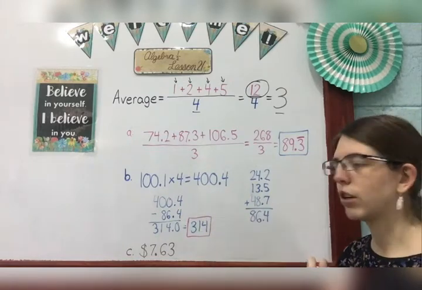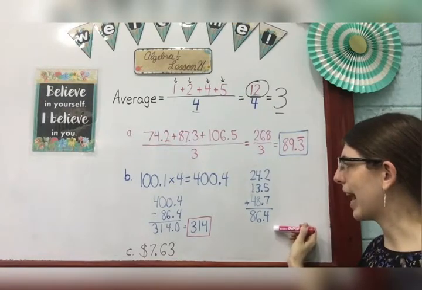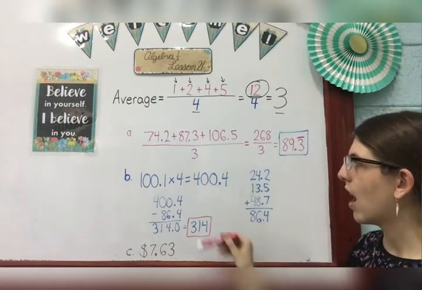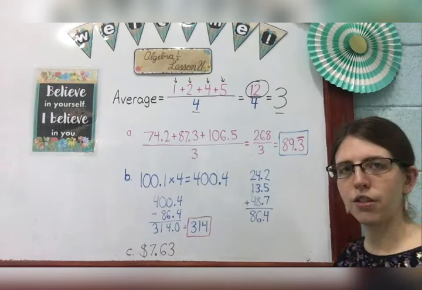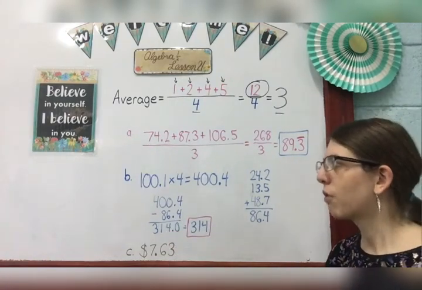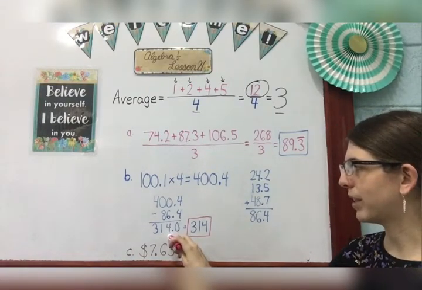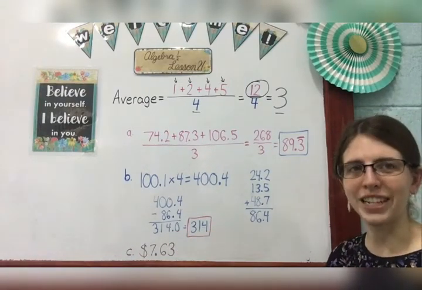You get 400.4. I add up my 3 numbers that I do know to get 86.4. I subtract the total of the 3 from the total of the 4 to get the missing number. 400.4 minus 86.4 is 314.0, or 314.